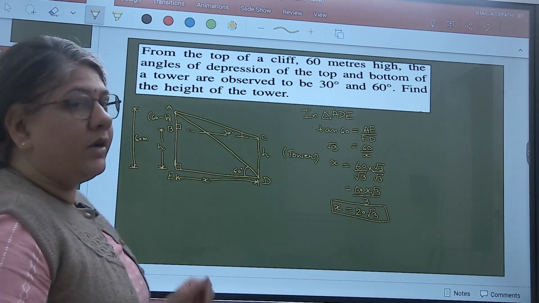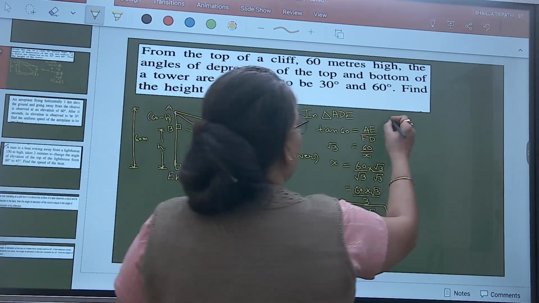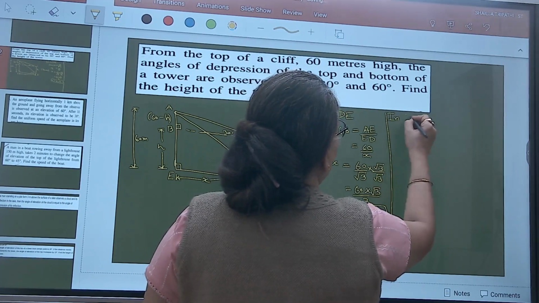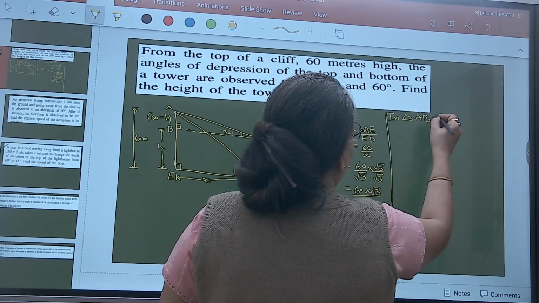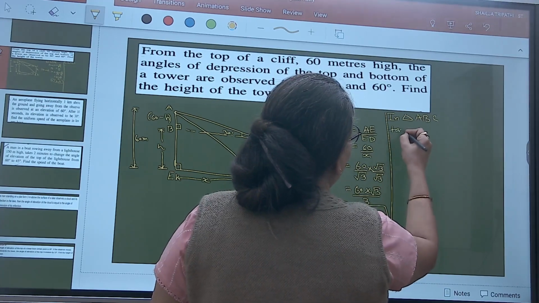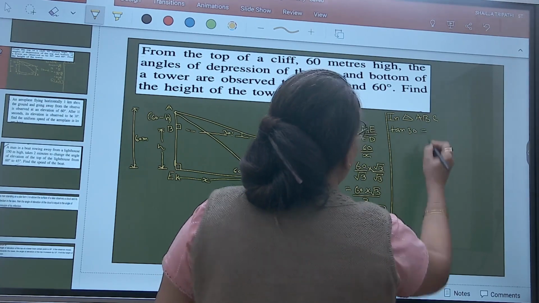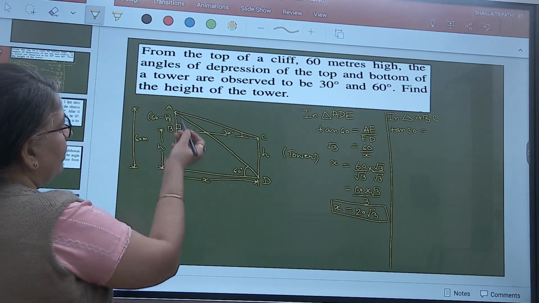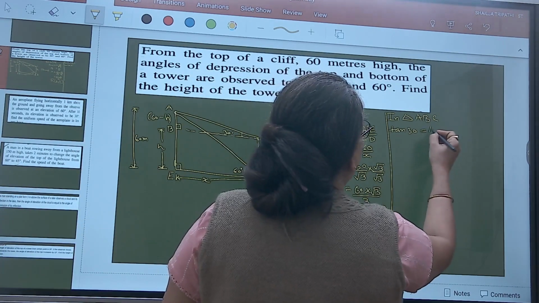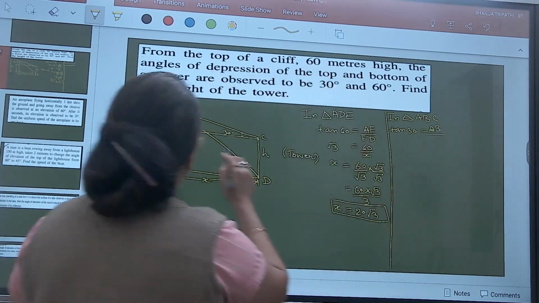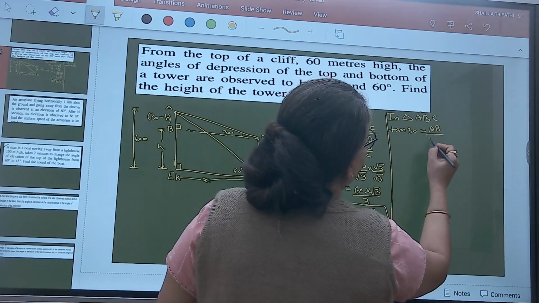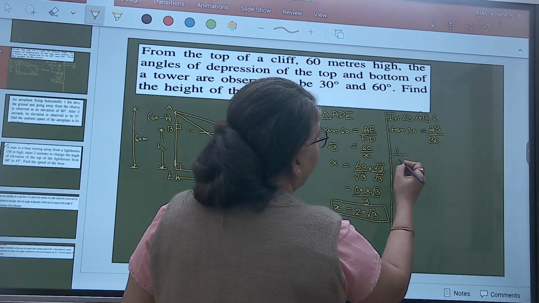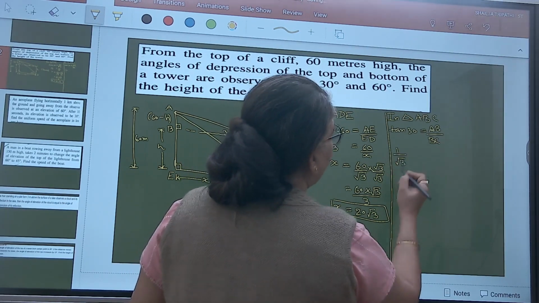Now let's take the smaller triangle ABC. See, in triangle ABC, tan 30 is equal to, again, perpendicular upon base. So here perpendicular is AB and base is BC. So let's put the values. Tan 30 is 1 upon root 3.